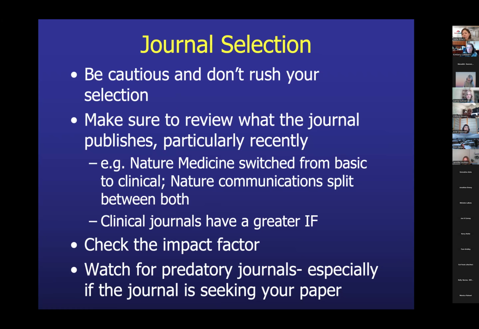So just a note of caution that the impact factor has some caveats that are important to understand. And nowadays, in the last 10 years, the impact of predatory journals has been immense. And so one has to be very careful about going to a predatory journal, in part because those journals would like to get more publications.